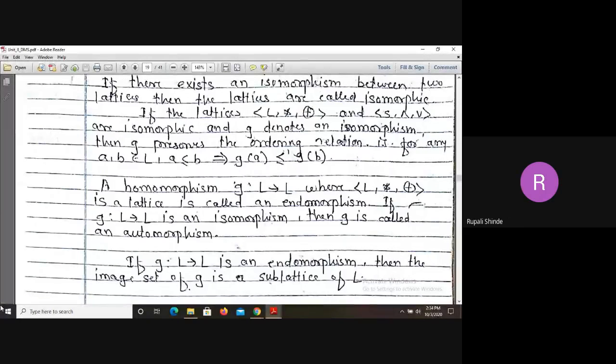If there is a homomorphism from L to L, then function G is called an endomorphism. And automorphism: if function G is isomorphic from L to L, then G is called an automorphism.